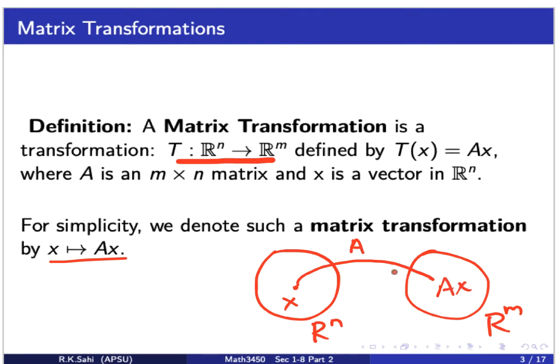So this transformation, which is brought about by multiplication by a matrix, is called a matrix transformation. So this is what we say. Here it is multiplication by matrix A.